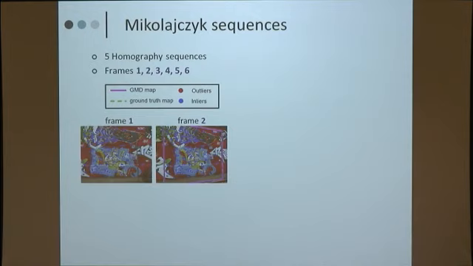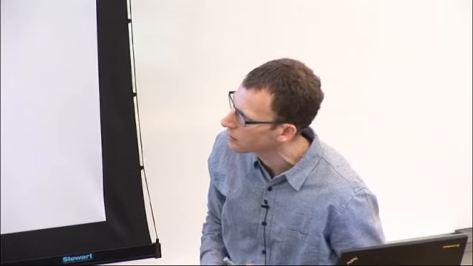These sequences are mostly a viewpoint change. From frame 1 to 2, there's a slight viewpoint change. There is the ground truth map, a dashed thick green quadrilateral, and the pink quadrilateral is our result overlaid on that. So you can see that it looks right in this example.